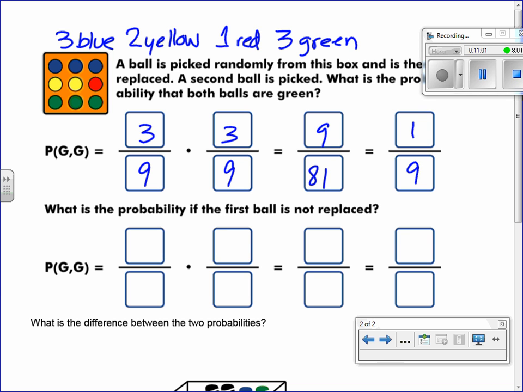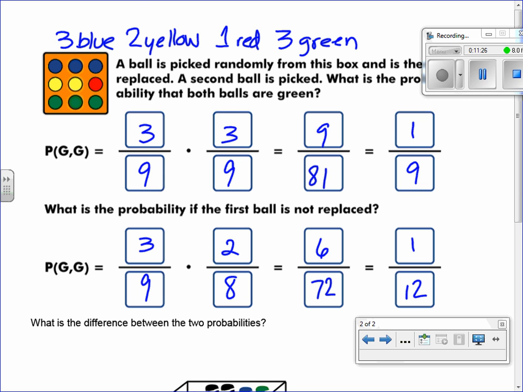Now if it's not replaced, we have 3 over 9, and then we have 2 over 8, which is 6 over 72, and we get 1 over 12.